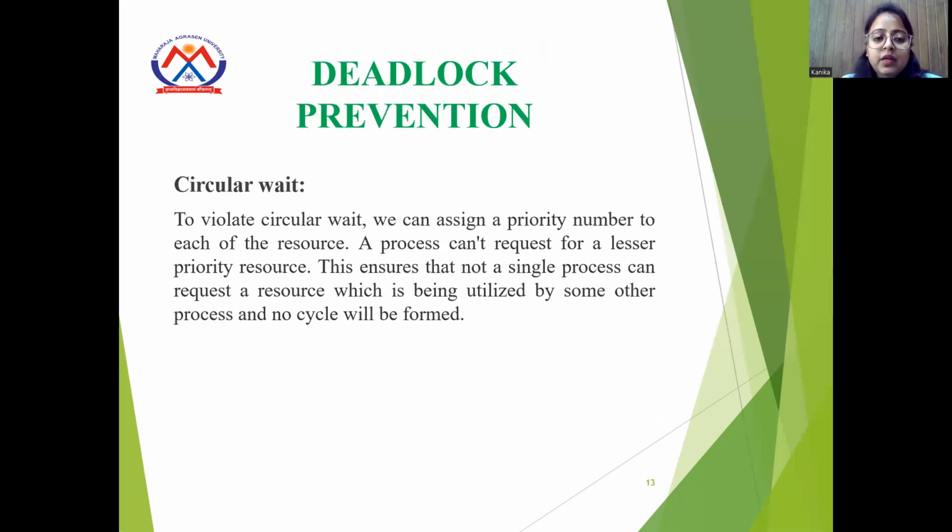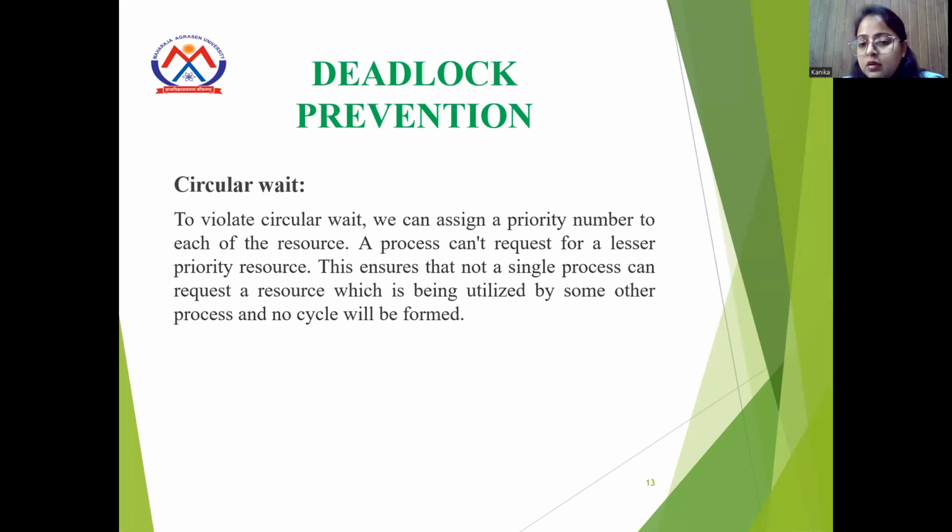Now we will see how we can ignore the circular wait condition to prevent our system from deadlock. To violate circular wait, we can assign a priority number to each process. Before the execution of the process, at the earliest stage, we simply give a priority number to each and every process.